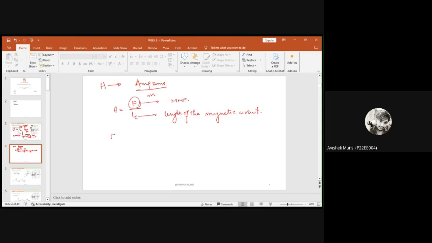So MMF can also be written as H into Lc. Finally, you can say that H has a unit of ampere per meter or ampere turn per meter. In some books you will see amp turn per meter.